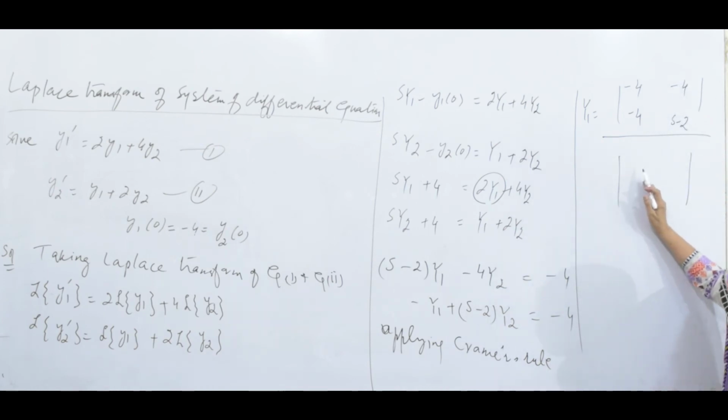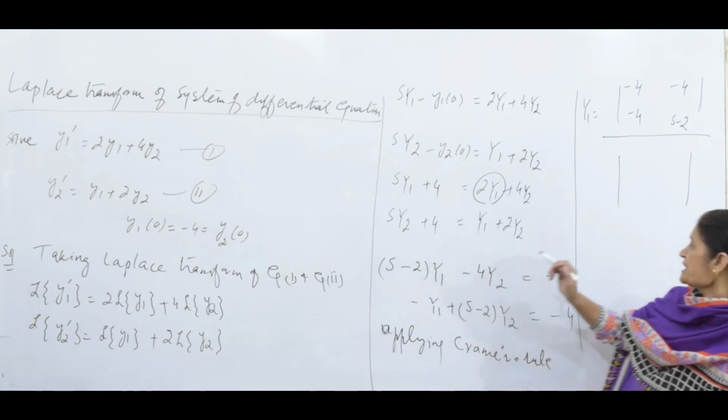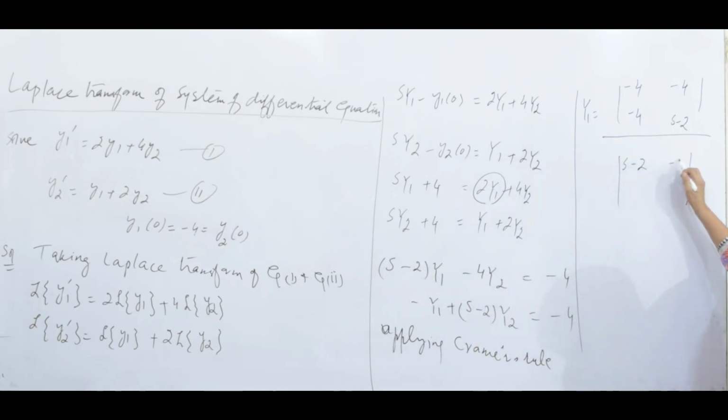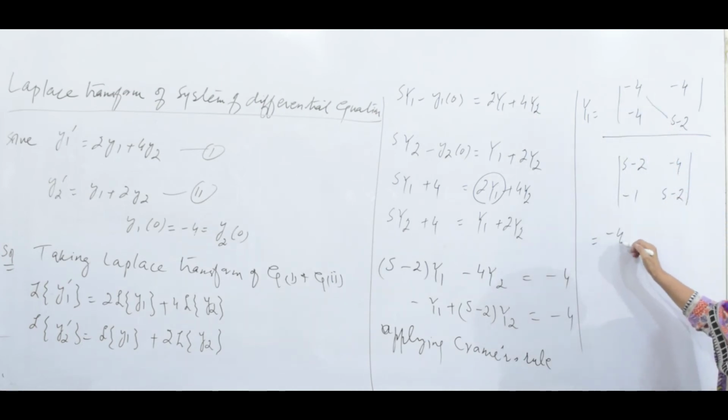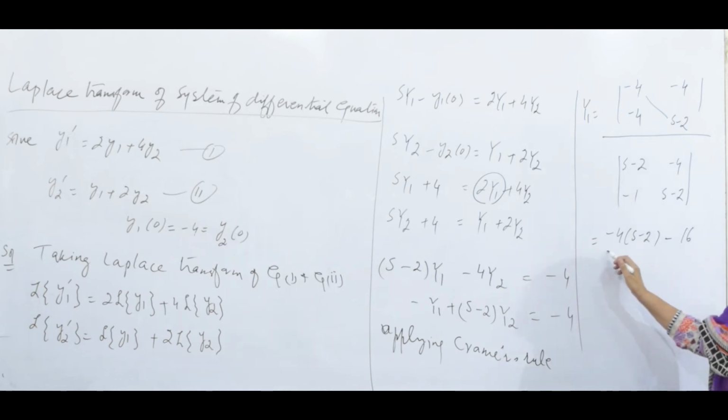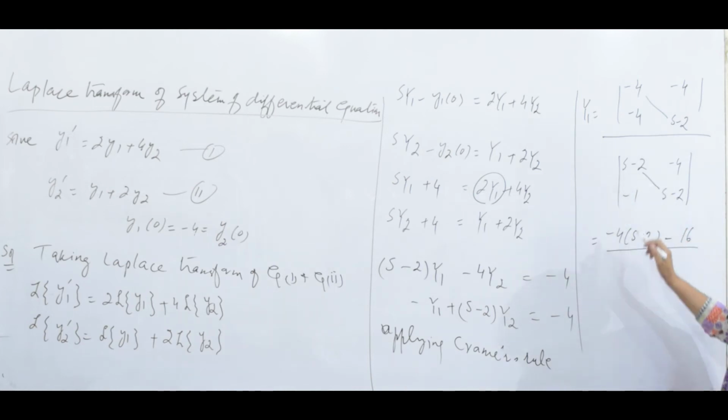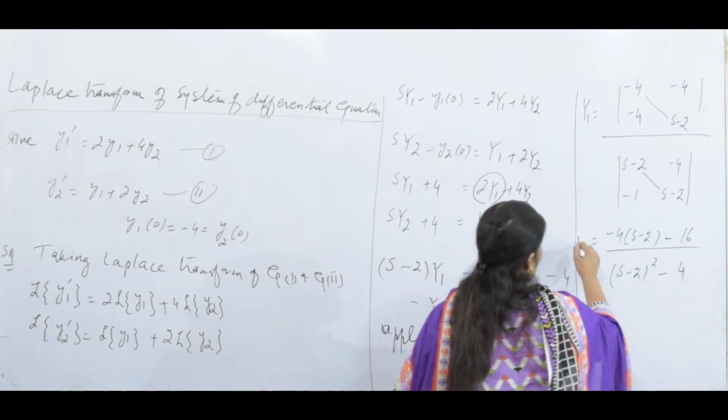And here the determinant of the coefficient matrix: s minus 2 here, minus 4 there, minus 1 and s minus 2. Determinant of a 2 by 2 matrix: I multiply this with this, which is minus 4 times s minus 2, and put a minus sign. Minus 4 times minus 4 is 16, plus 16. And I multiply this with this, which is s minus 2 whole square, put a negative sign, multiply minus 4 with minus 1, which is 4. So this is capital Y1.